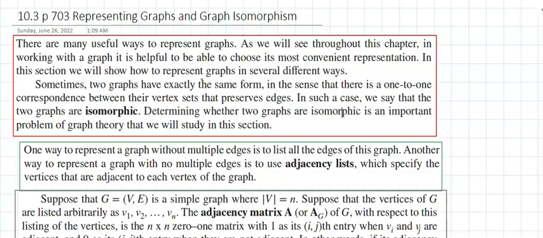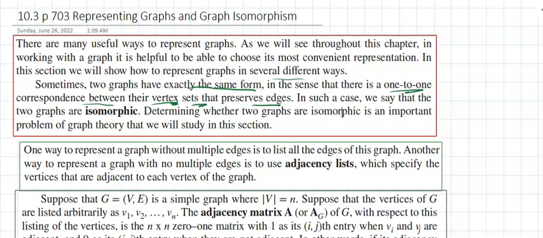In this section, we'll show how to represent a graph in several different ways. Sometimes two graphs have exactly the same form, in the sense there is a one-to-one correspondence between the vertex sets that preserve edges. So they might look slightly different, but you actually could look totally different.